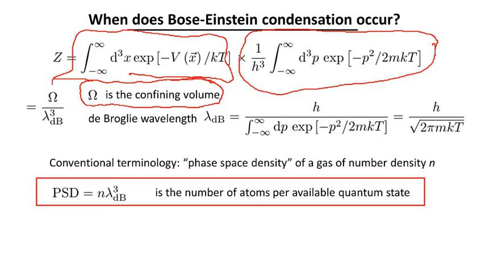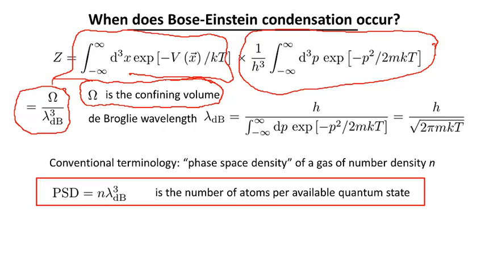You see, you can think of the uncertainty principle, p over h bar is equal to 1 over x. So in fact, this partition function takes a simple form, easy to remember. It's the ratio of the volume to the cube of the de Broglie wavelength.